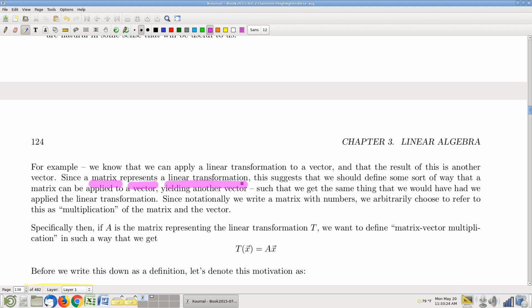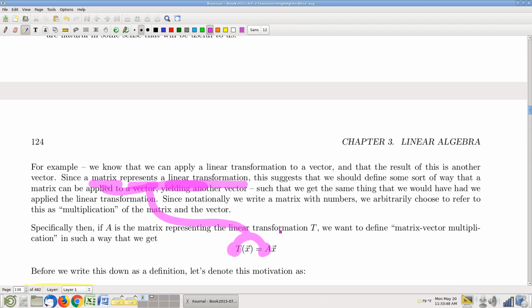Well, a matrix is just a linear transformation. It's a shorthand. What the matrix does to the vector had better be the same as what the linear transformation does to the vector. These are supposed to be the same thing.